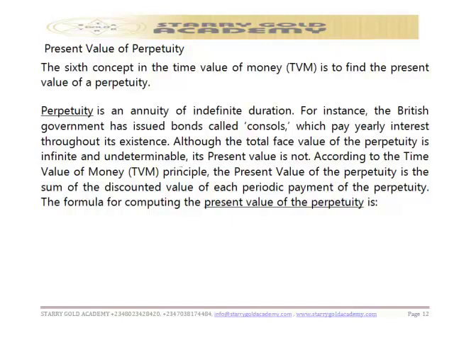The formula is what? That is the income all over the rate. So that is the present value of perpetuity.